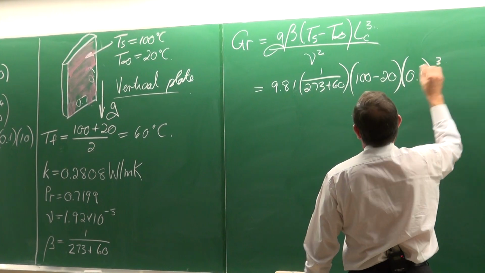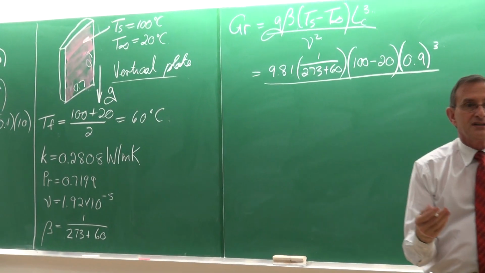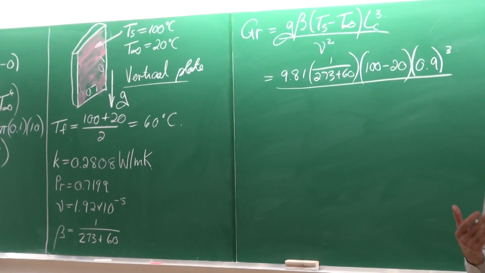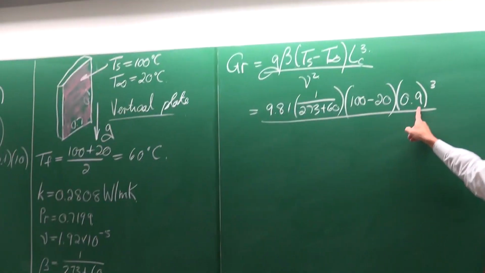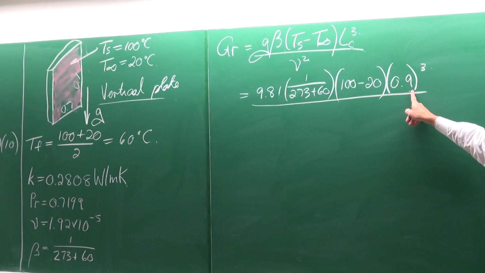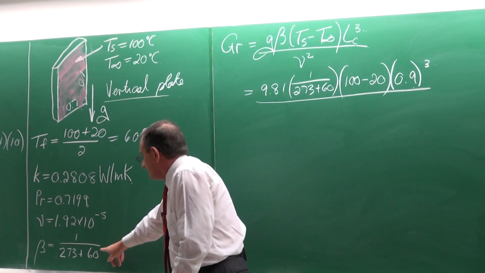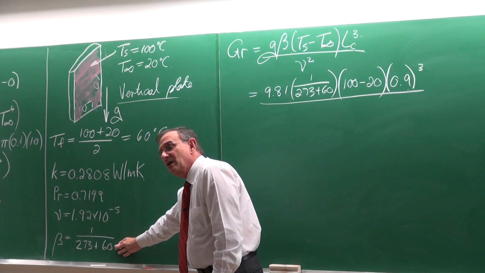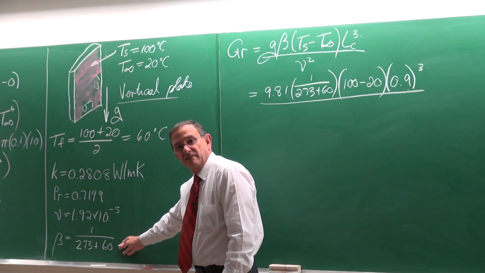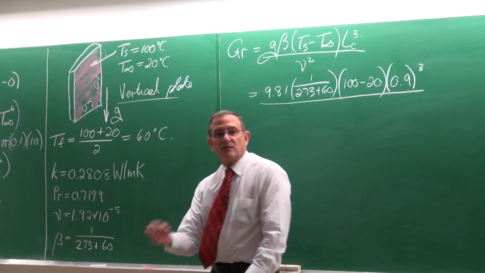I hope you still remember that in the previous lecture I told you that if you look at the statistics in the exam, where most students make their mistakes, it is to get the characteristic length. They are not careful enough with that. And the other one is getting beta. If it's an ideal gas, you can use this equation, but if it's not an ideal gas, if it is water or anything else, or steam, then you need to get it from the tables.